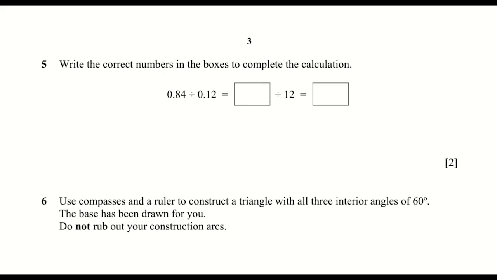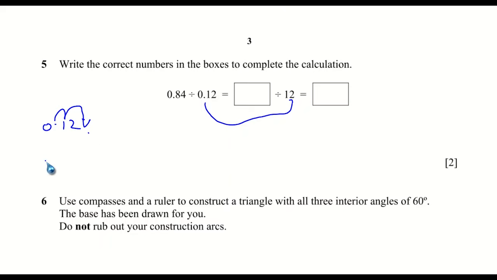Question 5. Write the correct numbers in the boxes to complete the calculation. So you have 0.84 divide 0.12 equals something, divide 12. You see that this 0.12 becomes 12, so the decimal point was shifted 2 times.